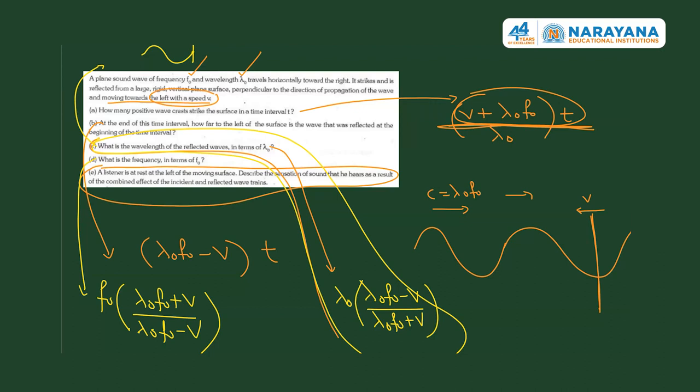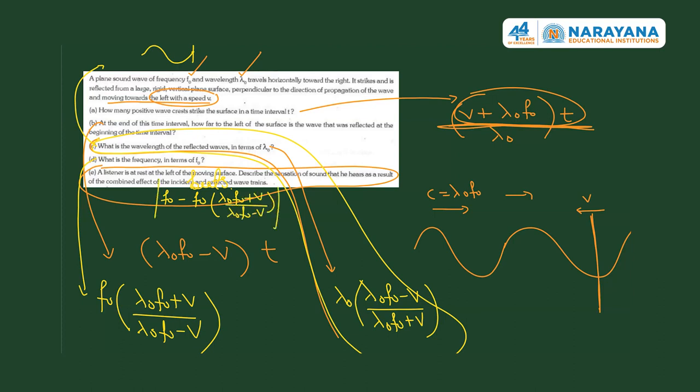Don't worry about that. In the E part of the problem, he says that if a listener is at rest on the left of the moving surface, describe the sensation of sound. We understand there will be formation of beats there, because you will observe those two frequencies, f naught and this. So basically this is f naught minus f naught into lambda naught f naught plus v upon lambda naught f naught minus v, the whole mod of that.